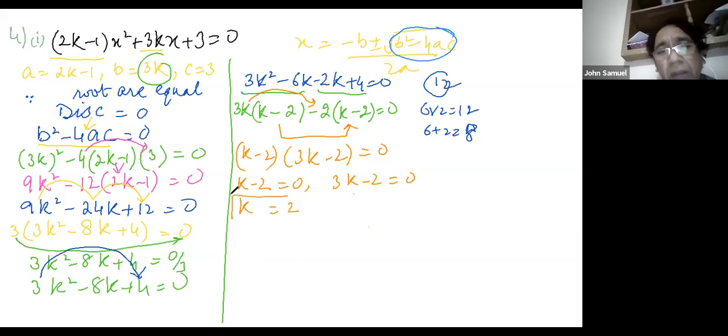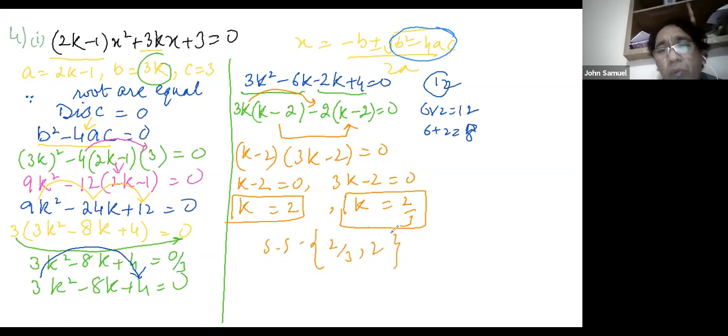This will become 2, and similarly we shift the minus 2 to the other side. This will become 2, and since 3 is multiplying here, using the property, this will divide. So ultimately we have 2 and 2 upon 3. So the solution set we can write as 2 upon 3 and 2.